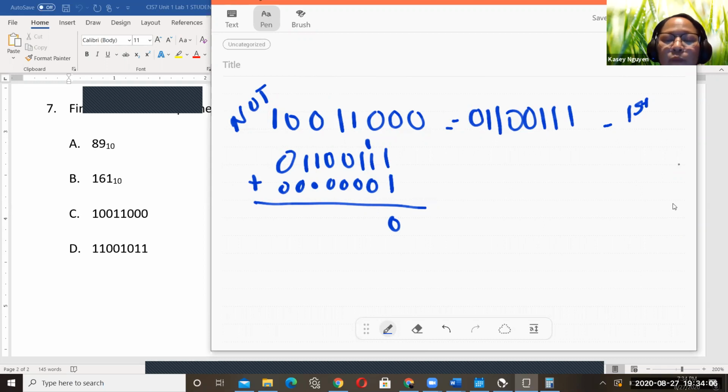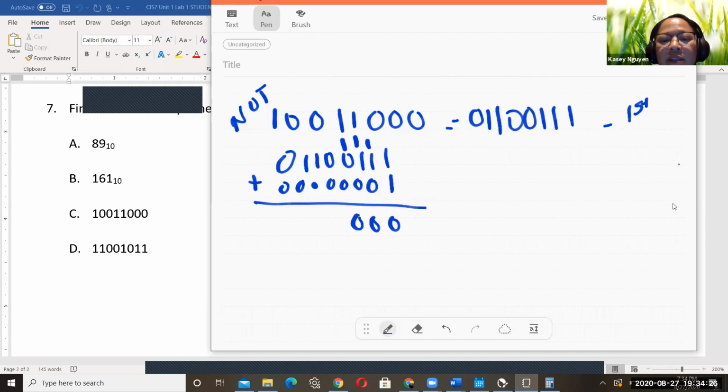So a 1 with a 1 is a 0 with a carry, and then a 0 with a 0 is a 0. A 1 plus a 1 is a 0 with a carry, and then a 0 with a 0 is a 0.